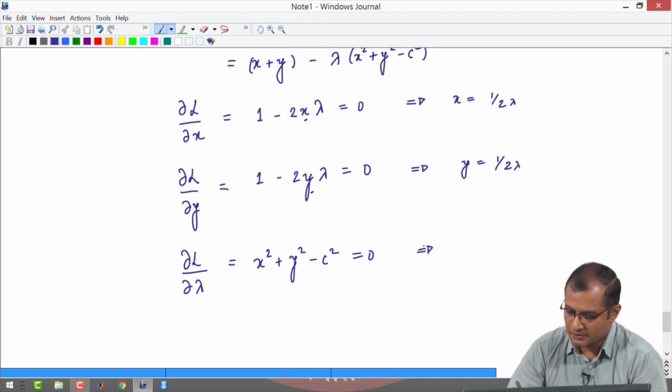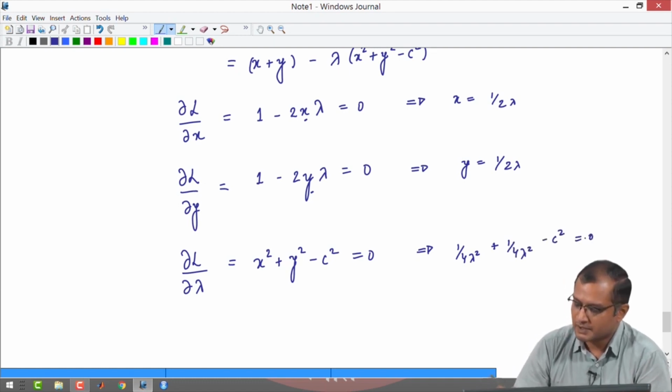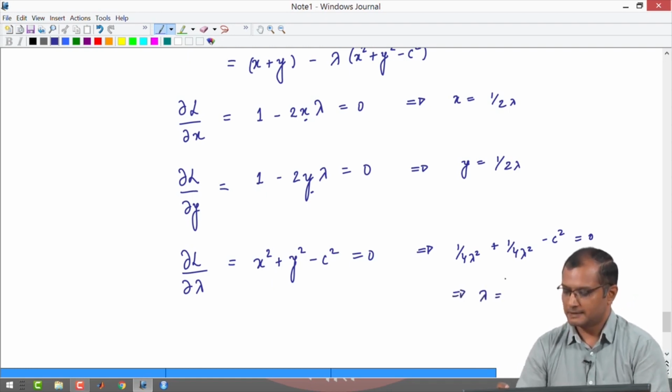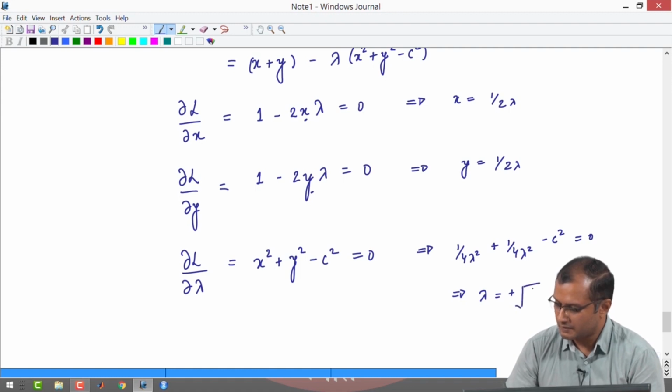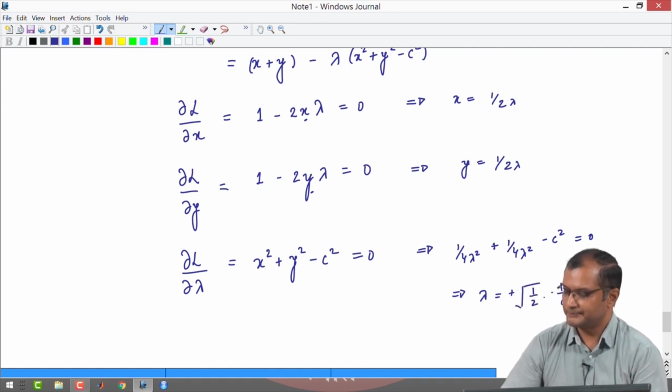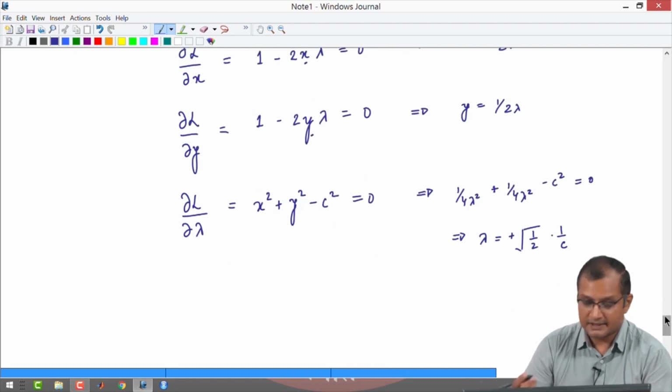So, you can substitute 1 upon 4 lambda square plus 1 upon 4 lambda square minus c square equals to 0, and that will give you lambda as plus or minus square root of 1 by 2 into 1 by c. Okay. So, now you can see the answer.